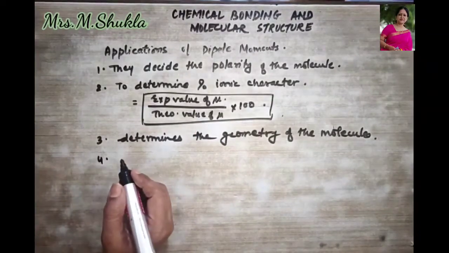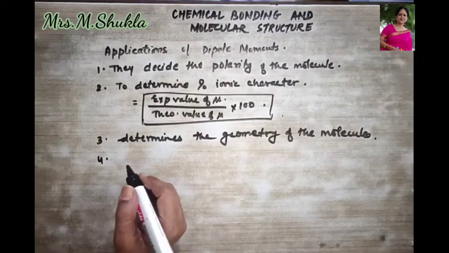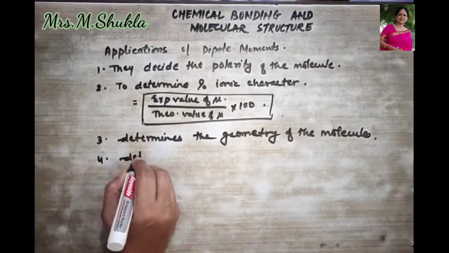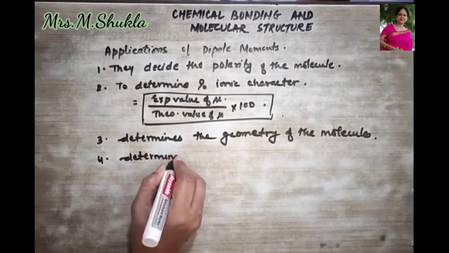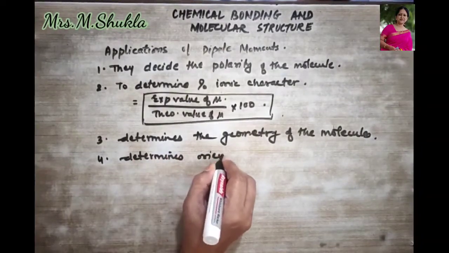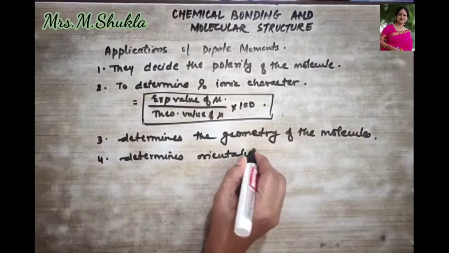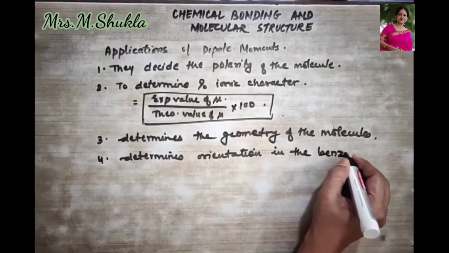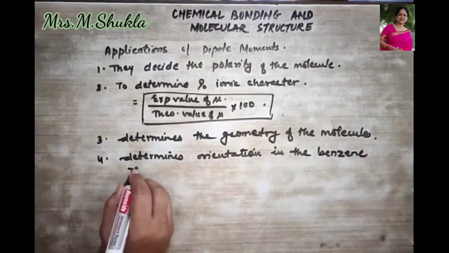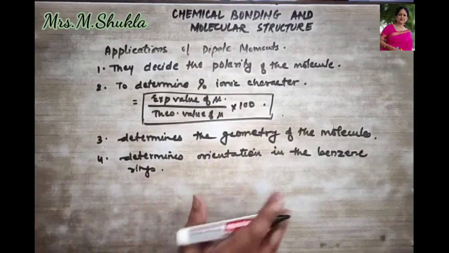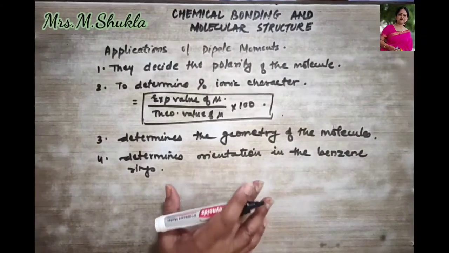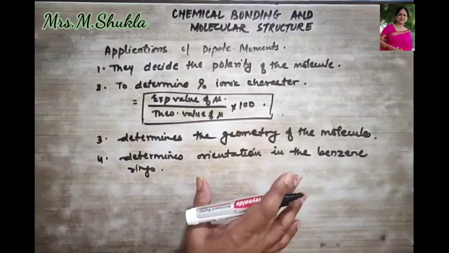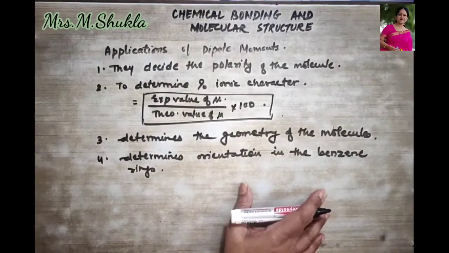Then fourth point, it also helps to determine the orientation in the benzene rings. What do we mean by orientation? Dipole moment is very useful to ascertain the orientation in the benzene rings, right?